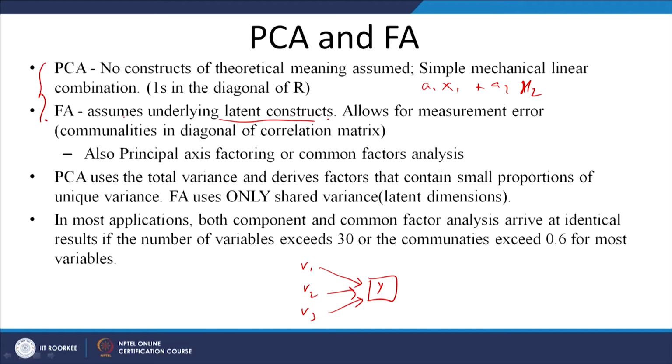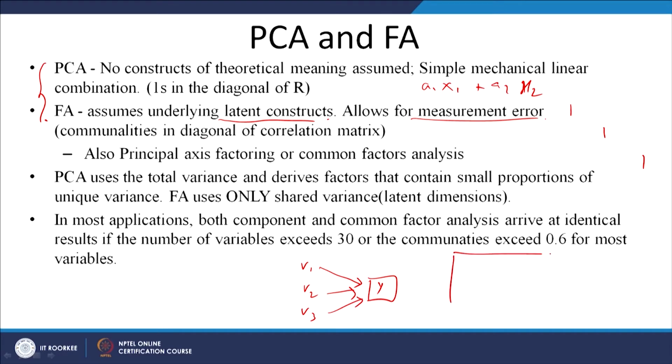Okay. So, factor analysis assumes underlying latent constructs and allows for measurement error. Communalities are placed in the diagonal of the correlation matrix. What does that mean? When you do a correlation matrix, generally the diagonals, if you see, have a unity. But in this case, because we are allowing for measurement error, the communalities will be placed in the diagonal.